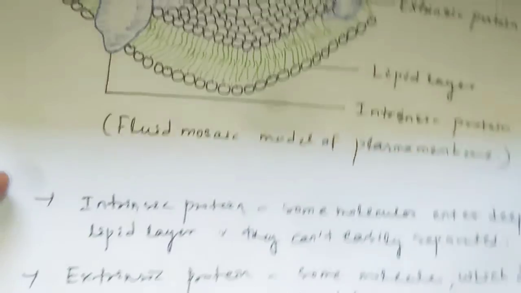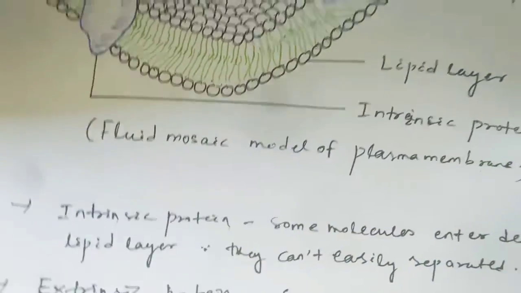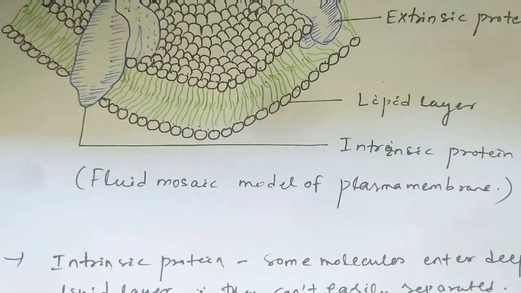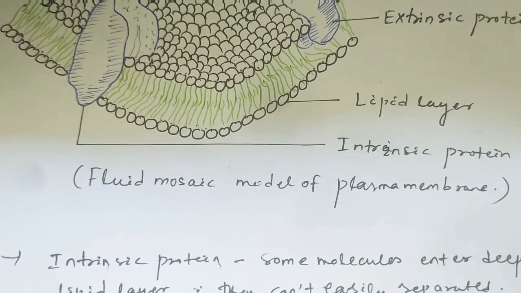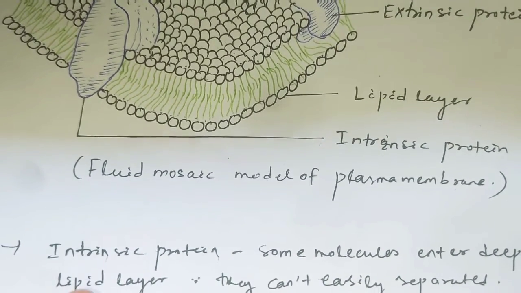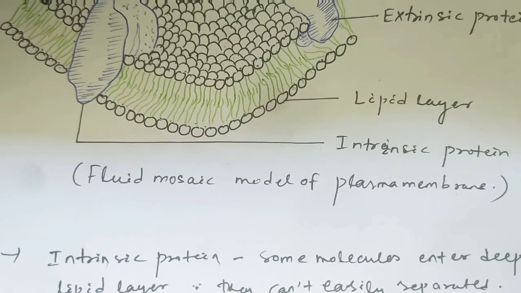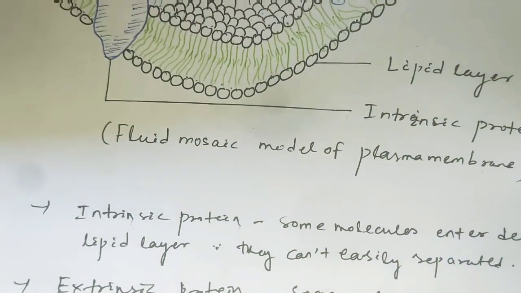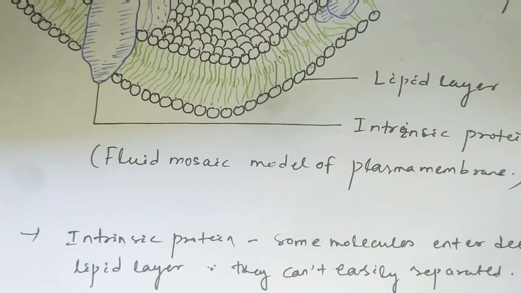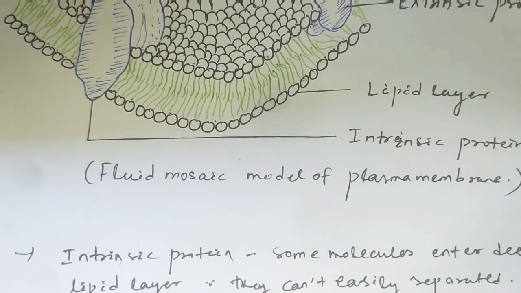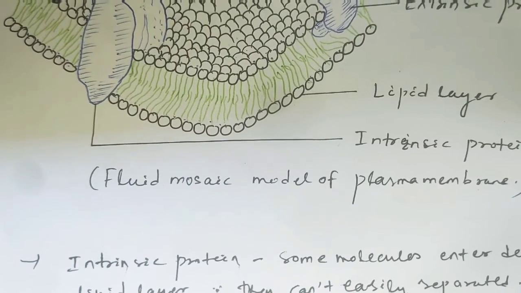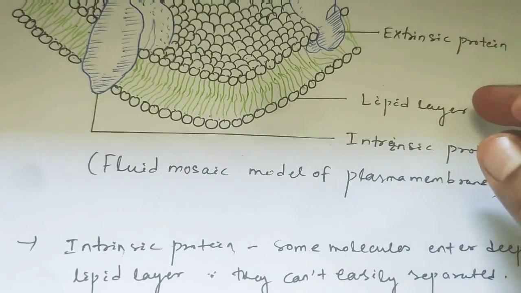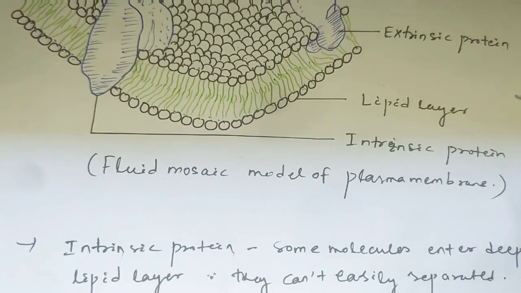Otherwise the structure is the same as the unit model. Only the protein types are described in this fluid mosaic model, given by which scientist? Singer and Nicholson in the year 1972. Remember, Singer and Nicholson, and the unit model is given by Robertson. And one extra point: see what happened in presence of light.